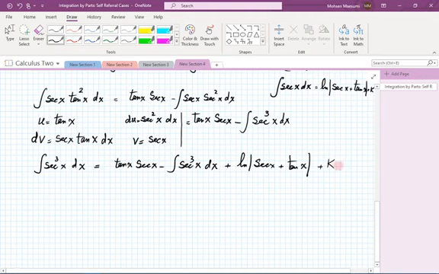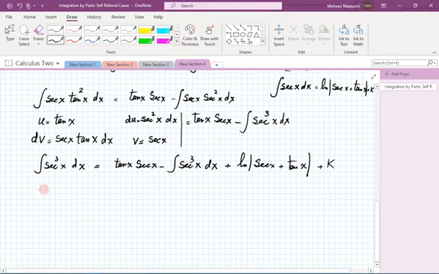Or you can always bring the constant at the very end. Now I take the secant cube here, which is being subtracted, and take it to the other side. So here's a self-referral. You want to calculate this, and on the other side is the same thing. So long as the coefficients are different, we actually have it made.